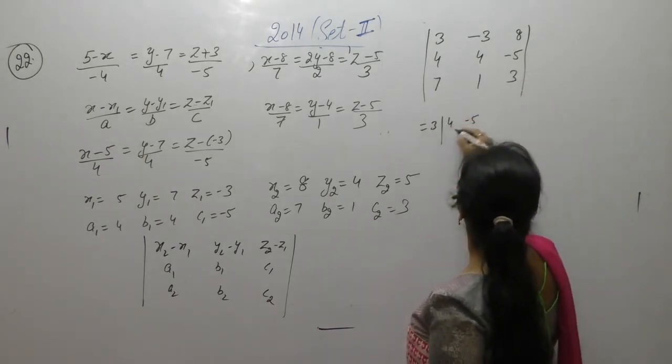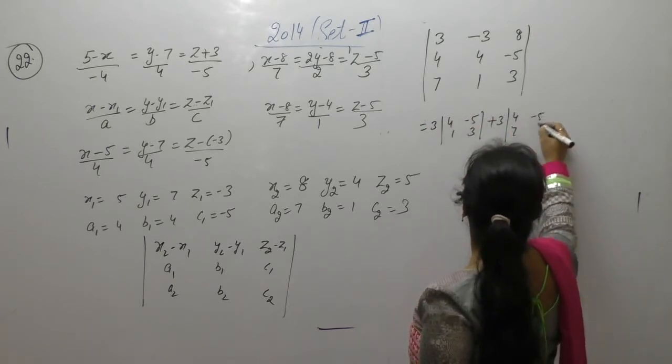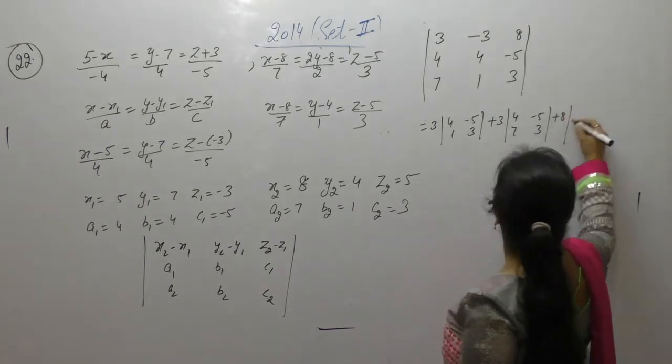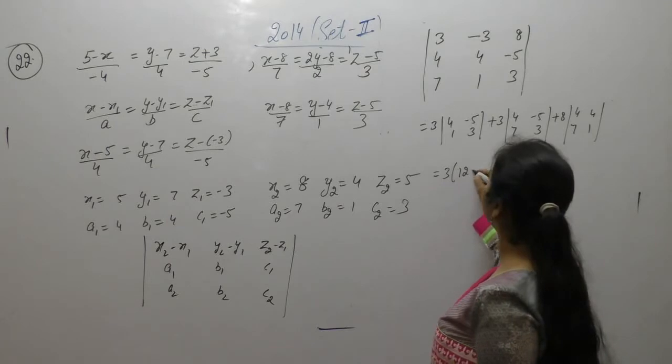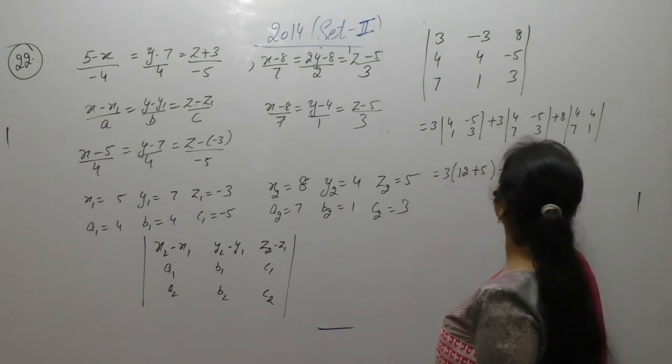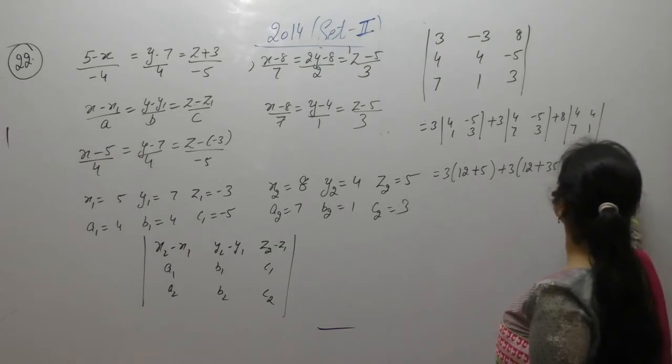3 times (4 into 3 minus 5 into 1), minus minus plus 3 times (7 into 5 minus 4 into 3), plus 8 times (4 into 1 minus 4 into 7).